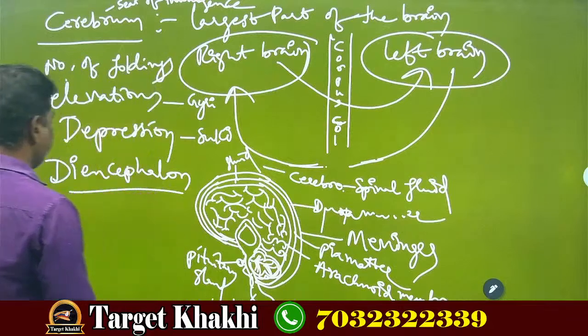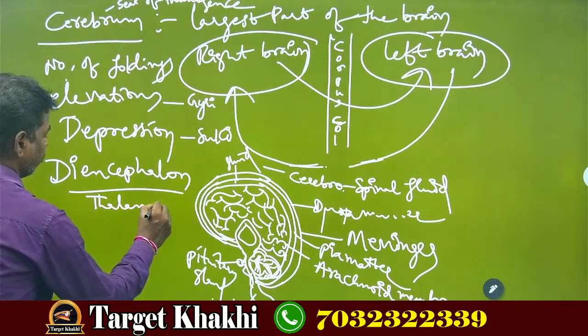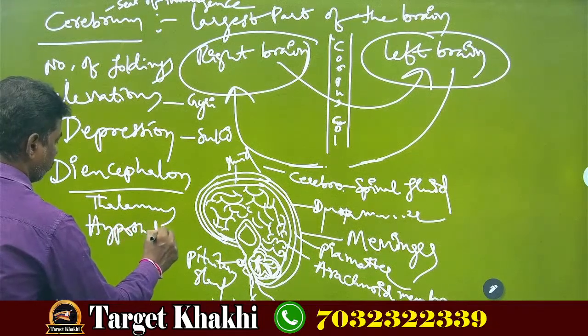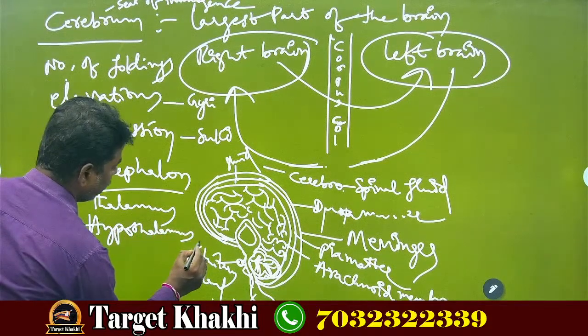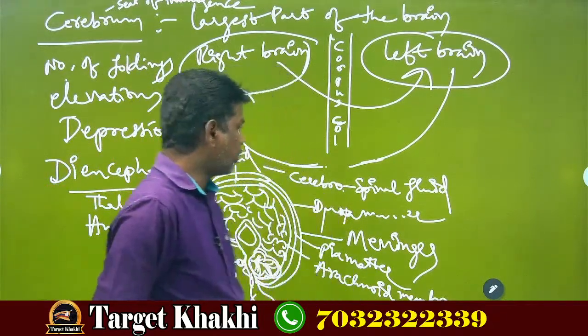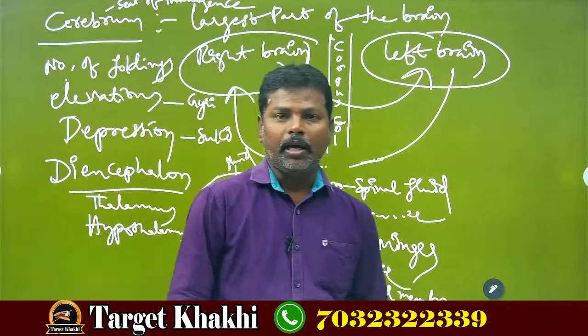Next, diencephalon is divided into thalamus and hypothalamus. Under hypothalamus only the pituitary gland is controlled. Next, the third one is what? Olfactory lobes.